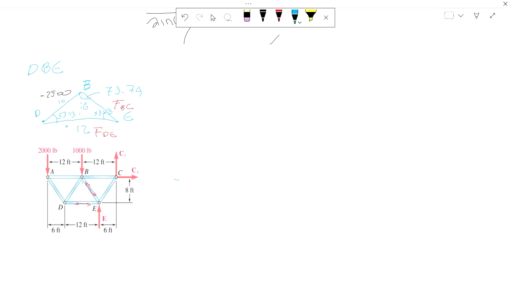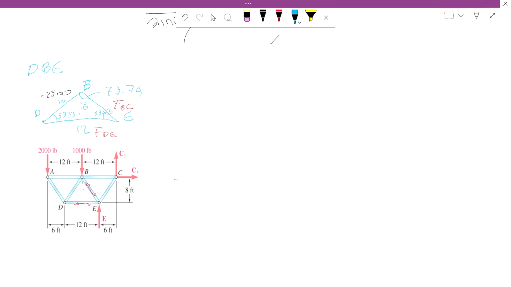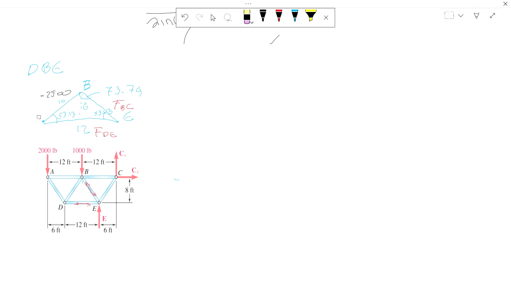We're missing a force from F A to D. The force from A to D, which we already have, F A D. Okay, so we have this force, and we need to find that force.